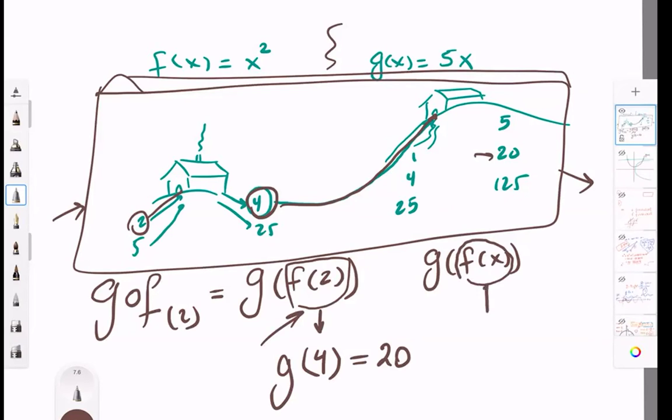So instead of f of x, I can put x squared. They're asking what is g of x squared? g of x is 5 times x, so g of x squared will be 5 times x squared. So this will be the formula of two separate functions. Again, that's the review.